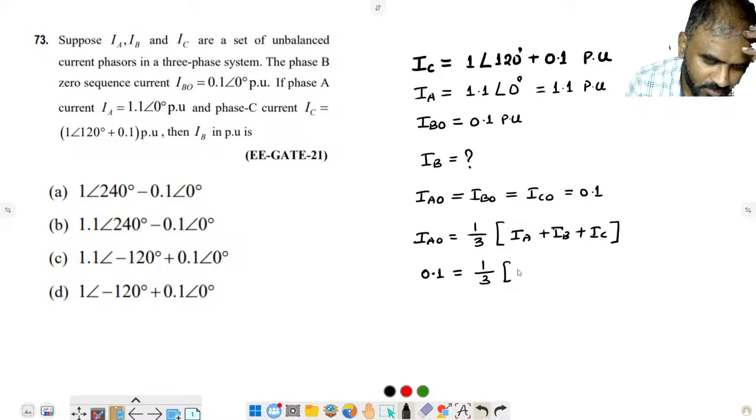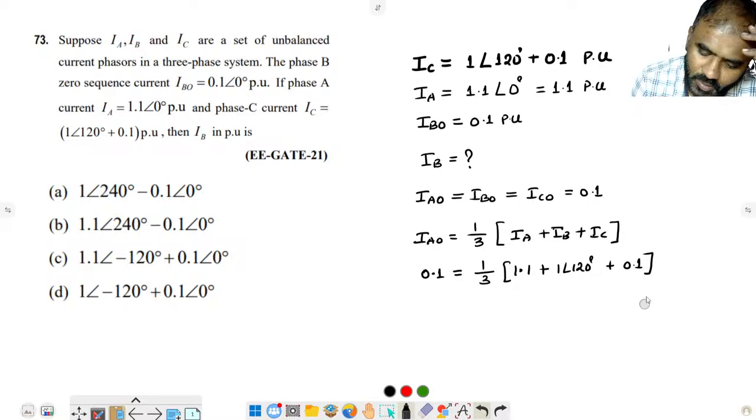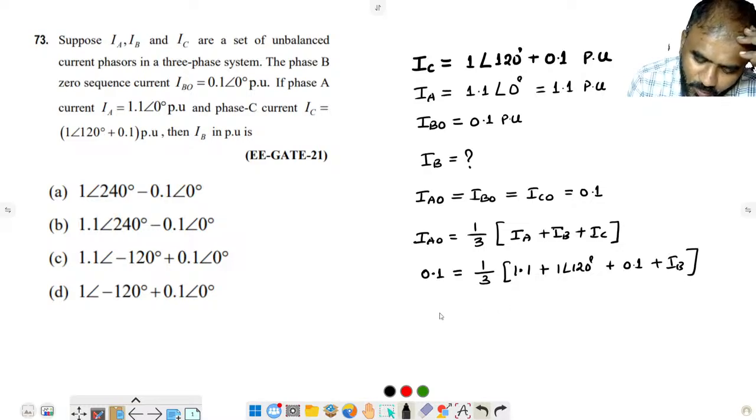IA is 1.1. IC I am writing first: 1 at an angle 120 degrees plus 0.1. You keep as it is. Plus IB also there. Now we need IB. Let's keep IB on one side and send the other things to the other side.